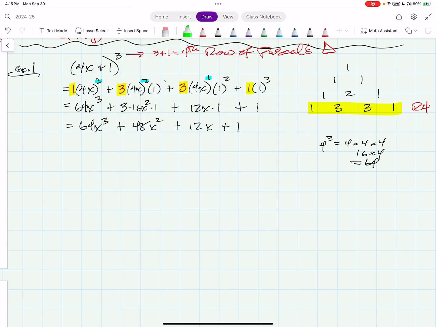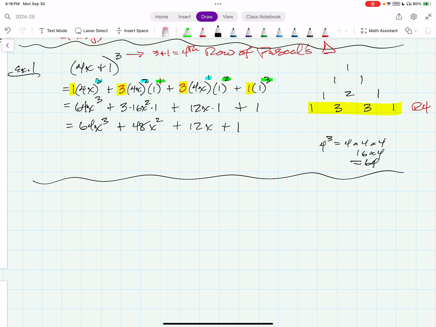And on the second term, it goes 0 degree, first degree, second degree, third degree. So the second term increases in powers by 1, and the first term decreases in powers by 1. If you understand those patterns, then doing something like this is pretty straightforward.